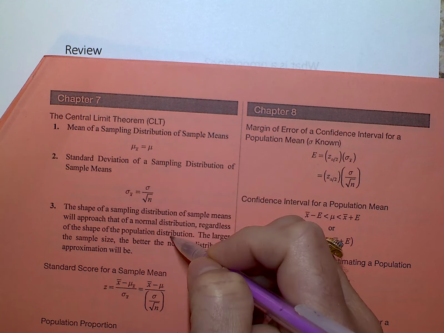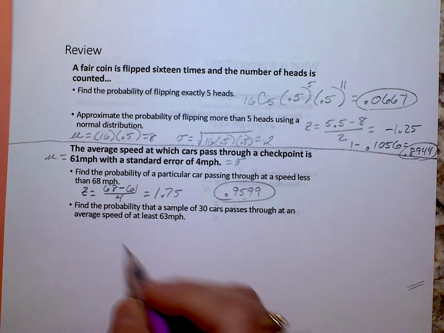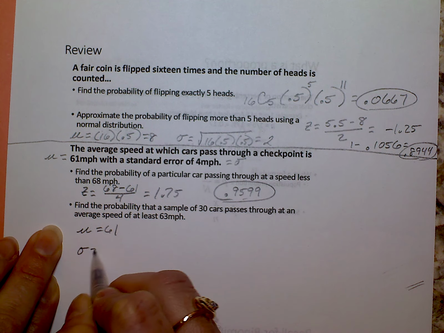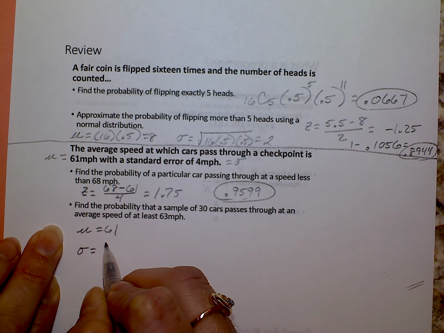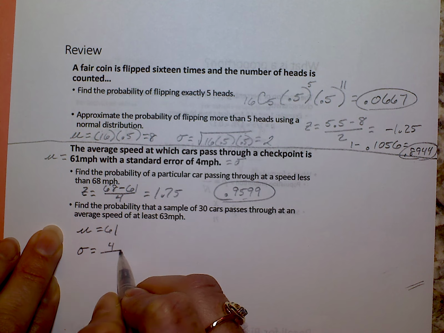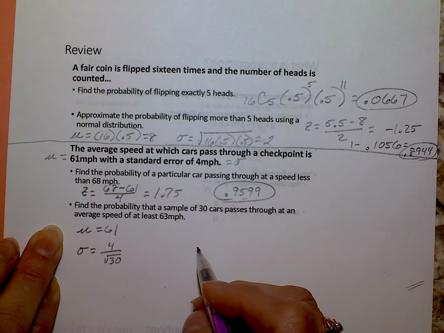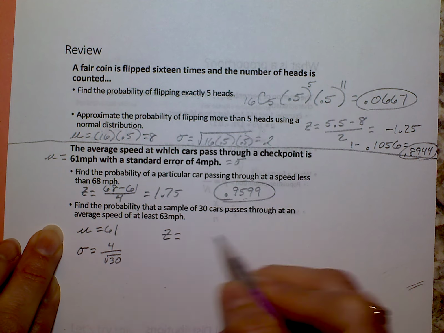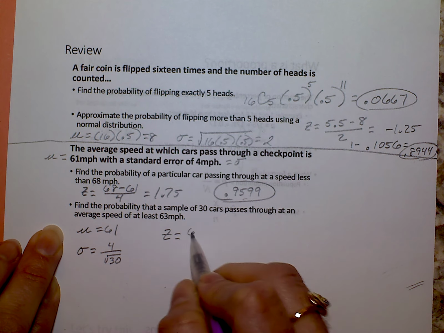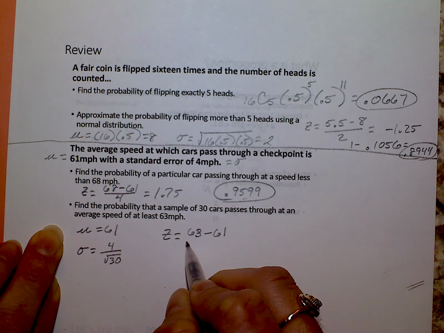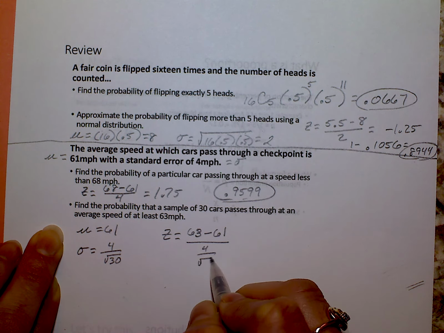This is our CLT. Mu is still going to be 61, but sigma becomes 4 divided by the square root of 30. There's mu and sigma. To find my z, I want at least 63 miles per hour, so 63 minus mu over my new sigma.